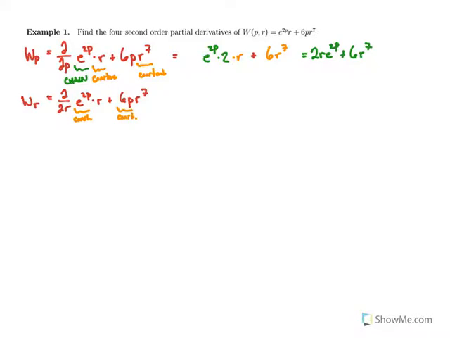So the derivative is just going to be e to the 2p is a constant times r is just going to give us e to the 2p. And 6p r to the seventh is going to give us the constant 6p times the derivative of r to the seventh, which is 7r to the sixth. So writing that in a nice way, that's going to be e to the 2p plus 42p r to the seventh.